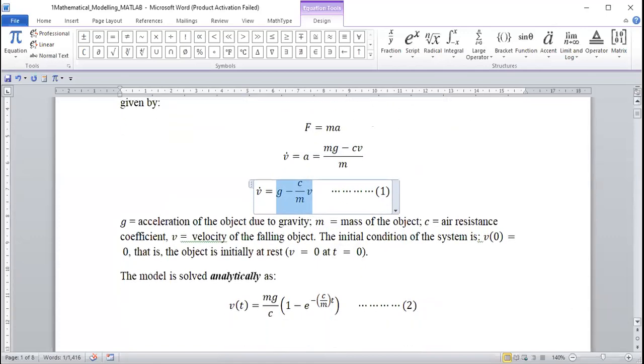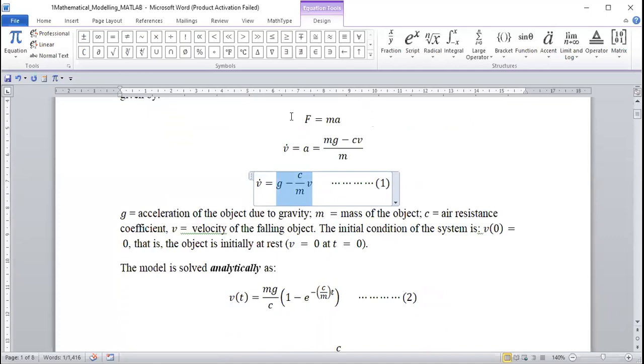In order to solve this model, there are two methods that we can use. You can solve it analytically, which means you are getting the exact solution for the model, or numerically. Why numerically?